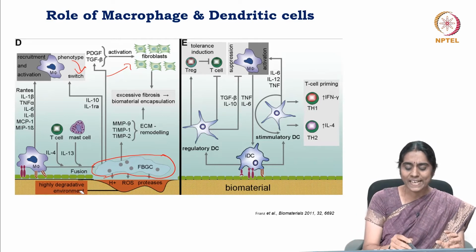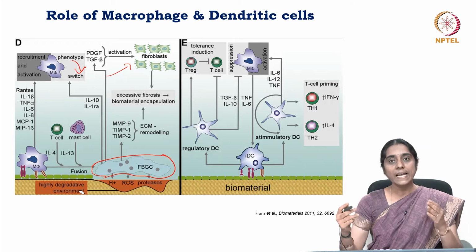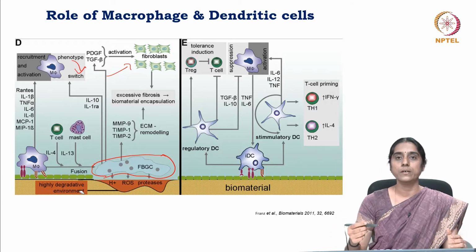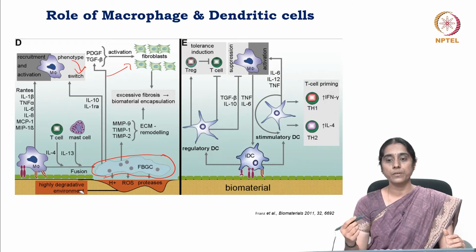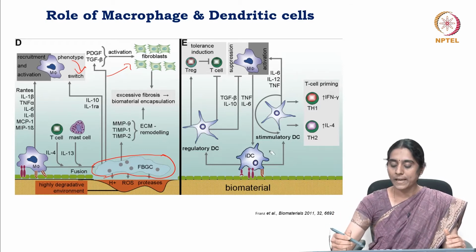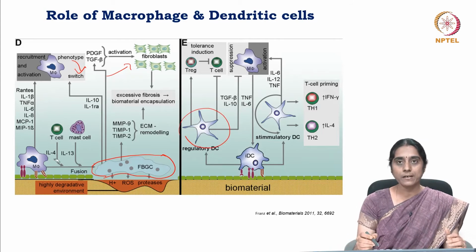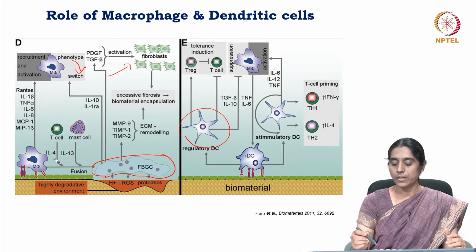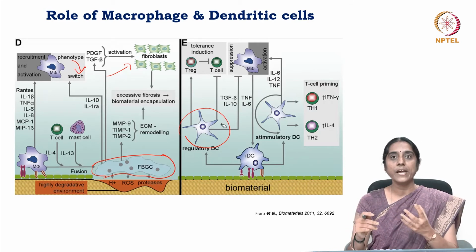So, this is a highly degradative environment. But for an ideal environment for the successful placement as well as performance of the biomaterial, the cells activated by the macrophages and neutrophils should gain a regulatory phase.